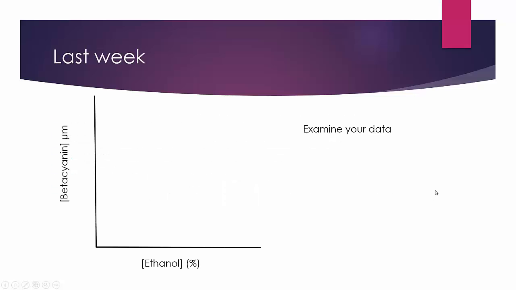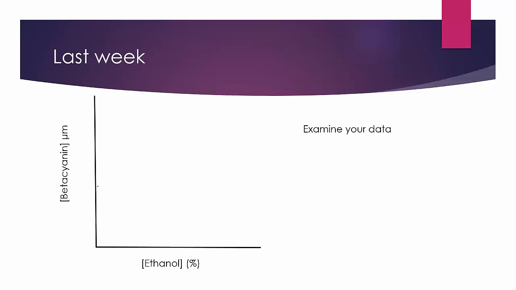So last week you did a basic experiment looking at the influence of ethanol on cell membrane damage as measured by the leaking of beta-cyanin. This week you're going to design a further experiment. And in order to do that, you want to look at your data from last week.